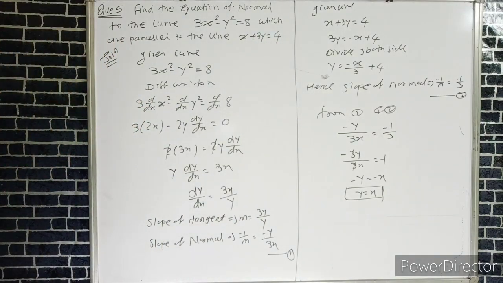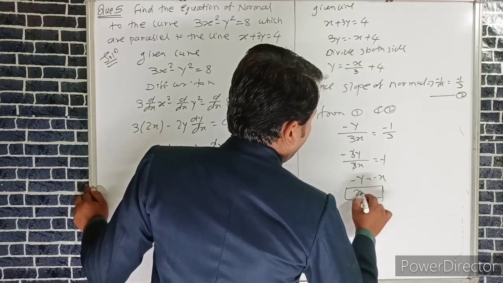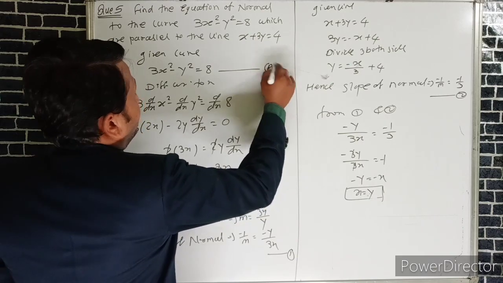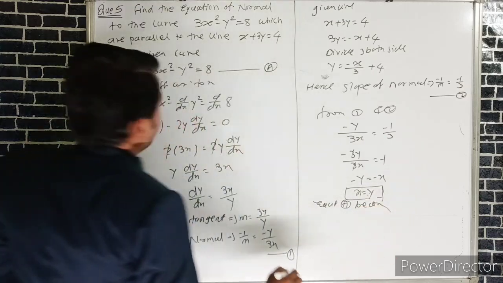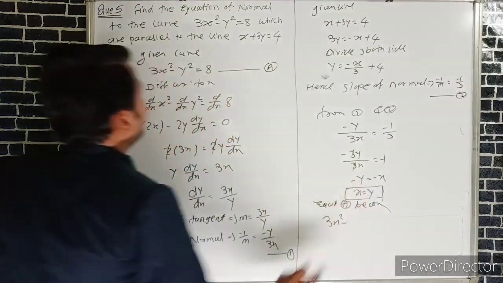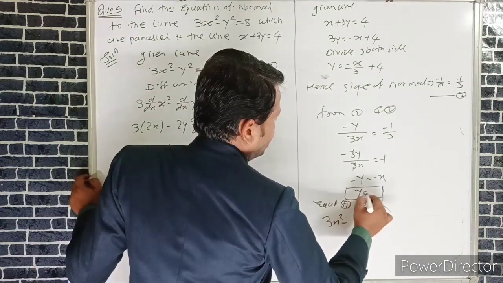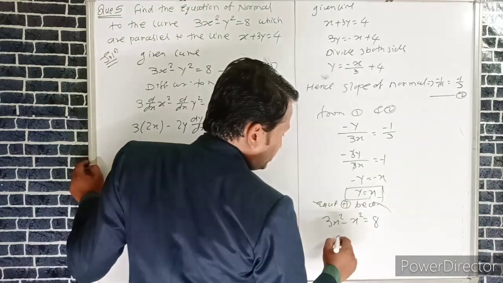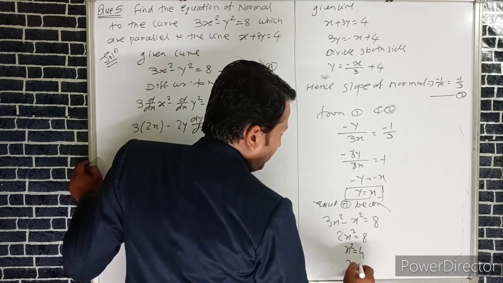So for the required equation, if we put the value of y, which is x, in equation A, we get 3x square minus x square, since y is equal to x, is equal to 8. 3x square minus x square, which is 2x square, is equal to 8. Hence x square is equal to 4. The value of x is plus or minus 2.